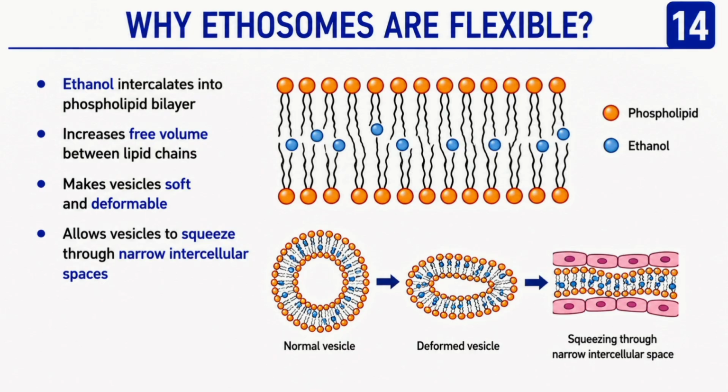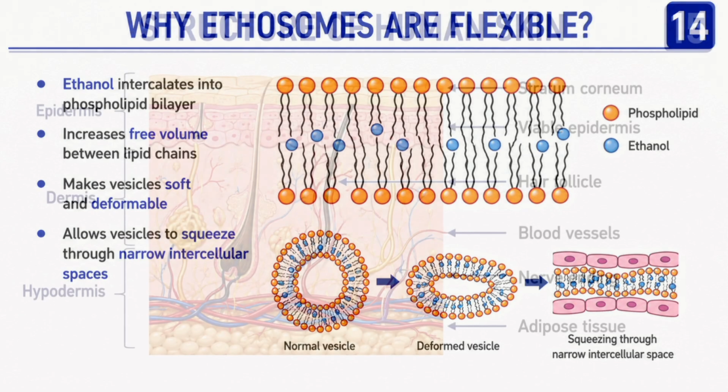So this allows the vesicle to move through the narrow intercellular pathways more efficiently here. So the high ethanol content contributes significantly to this flexibility by modifying the packing of the phospholipid molecules. So therefore, the ethosomal deformability is closely associated with their enhanced skin penetration, right?